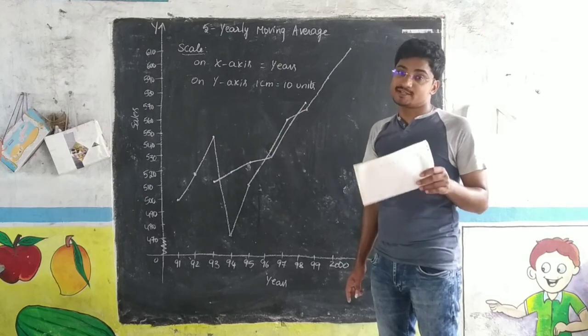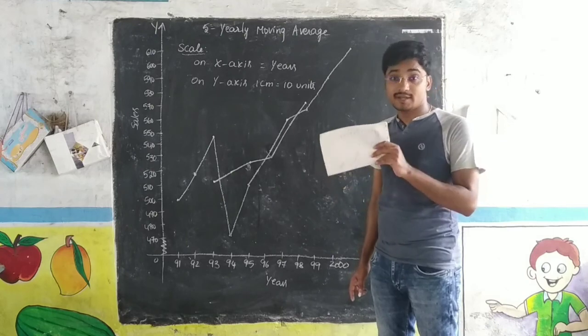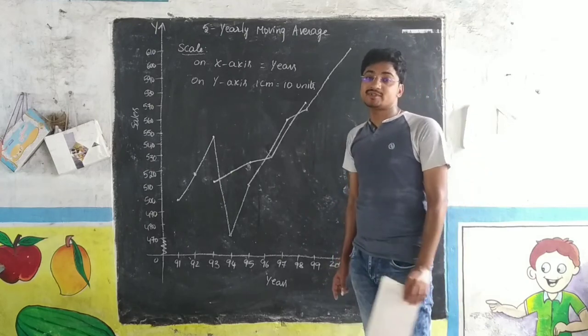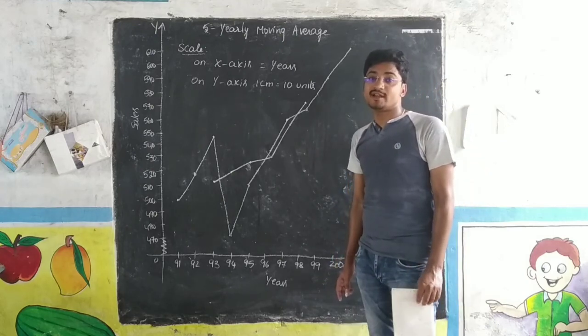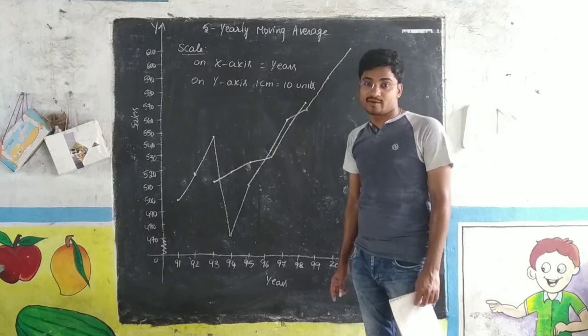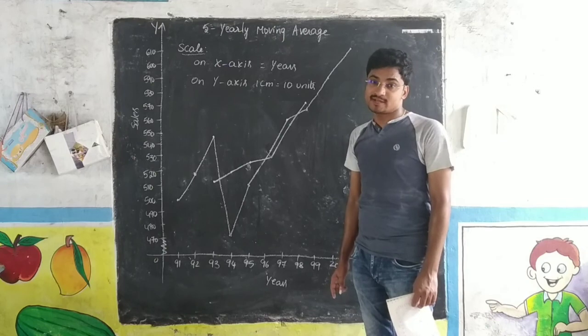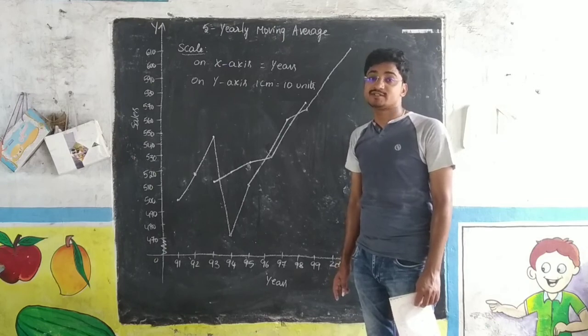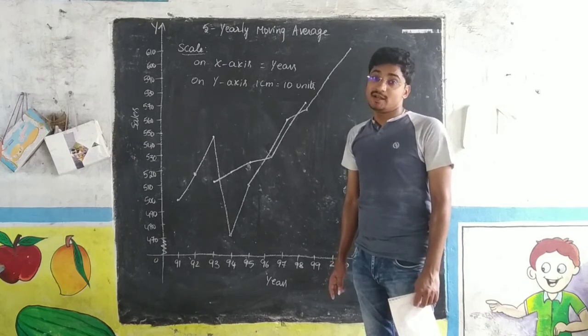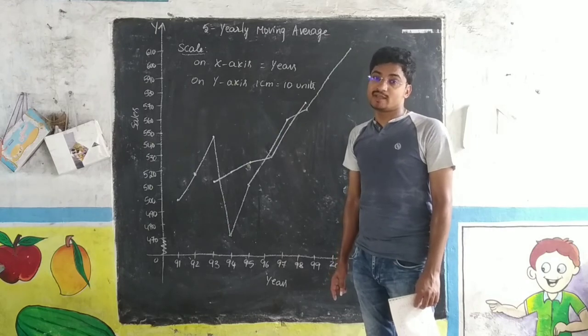Even numbers start from 4, 6, 8, 10, 12 and so on in moving average. Odd numbers start from 3, 5, 7, 9, 11 and so on. The odd yearly moving average class was completed. In the next video session, I will explain even yearly moving average.